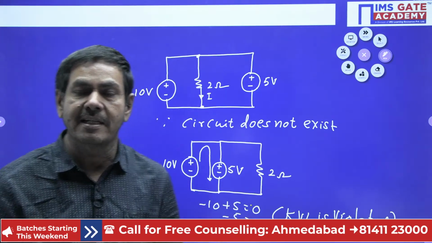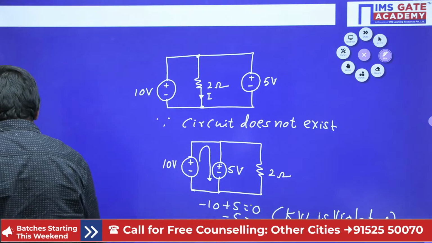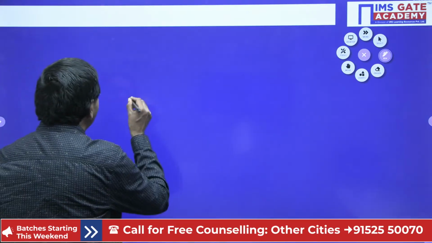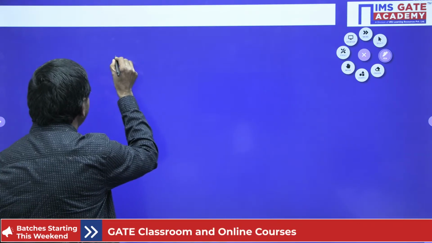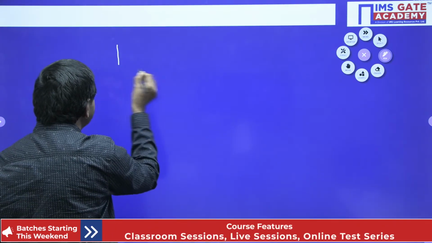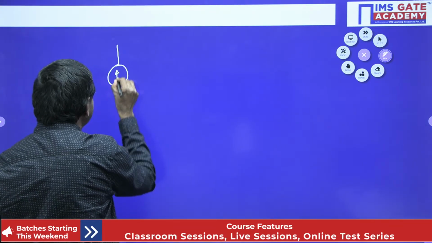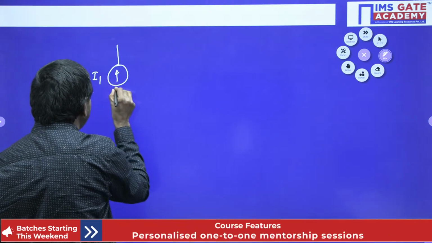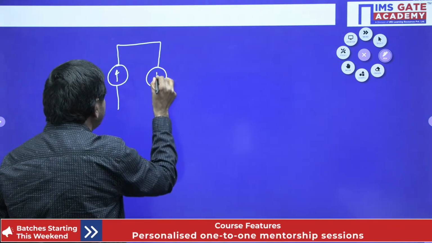Understand now. These are certain examples of voltage sources only. Even current sources also. Suppose I connected one current source in this way. Suppose I want to give the equivalent circuit now. The current is passing this side. This is I1, taken for example. This side I connected with I2, for example.